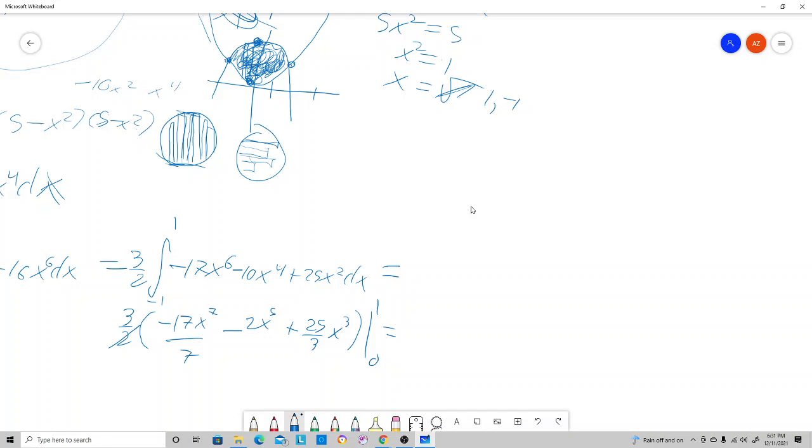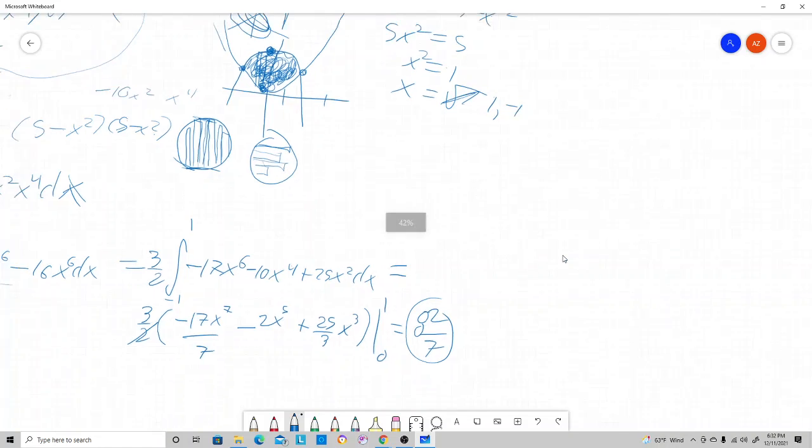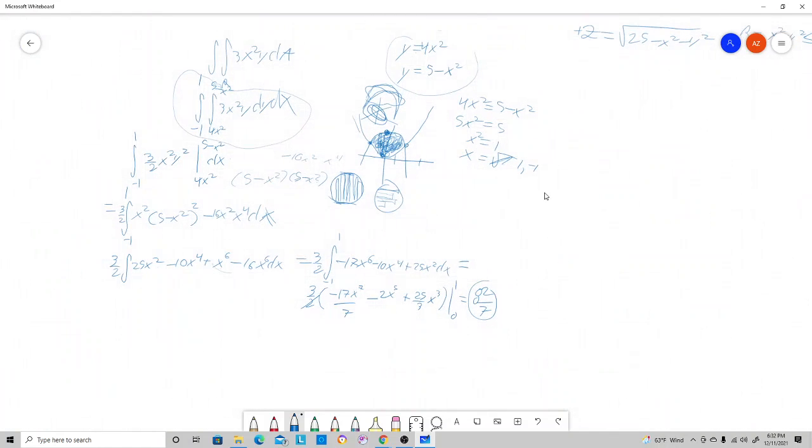So we do -17 over 7 minus 2 plus 25 over 3, and then we multiply that by 3. So we have a total of 82.82 over 7. So that's our overall volume. Good, so that was rectangular.